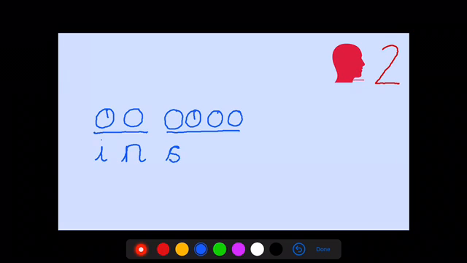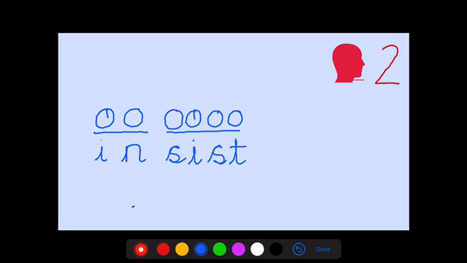S is S. I is I. S is S. T is T. Insist. Let's write it, joining up the letters. Insist.